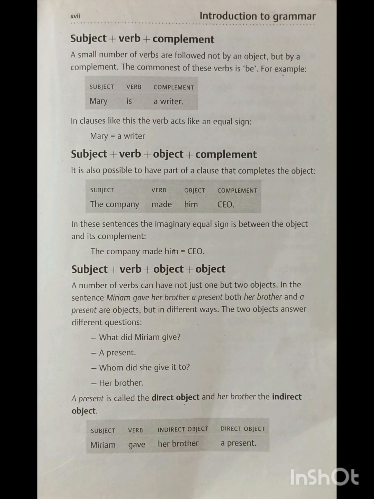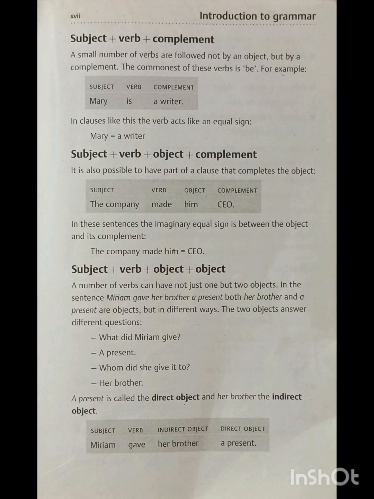The company is the subject, made is the verb, and him is the object. The company made who? Him. If I ask the question, what did the company make him? A CEO. So the complement is enhancing him, the object, and not the company. Again, a very interesting combination.